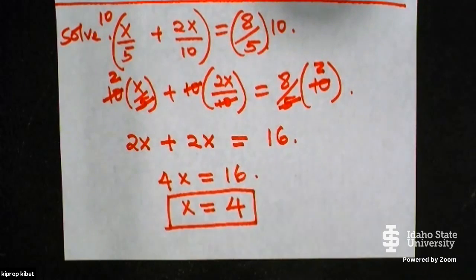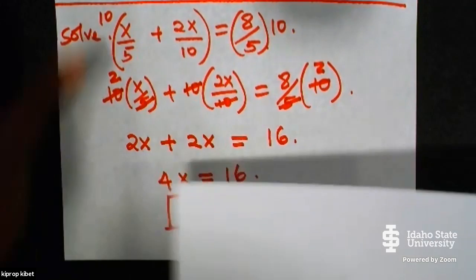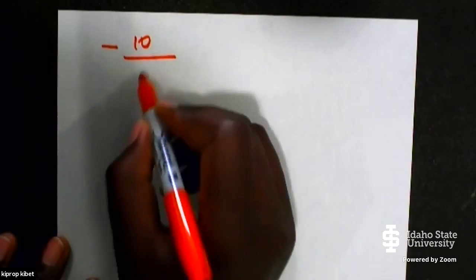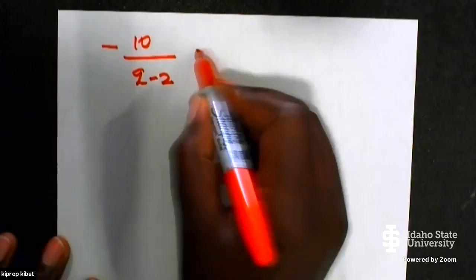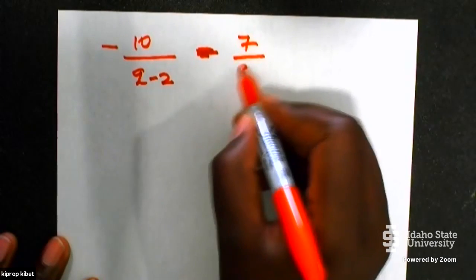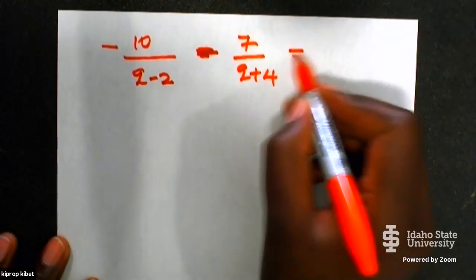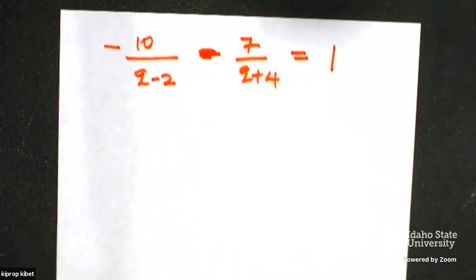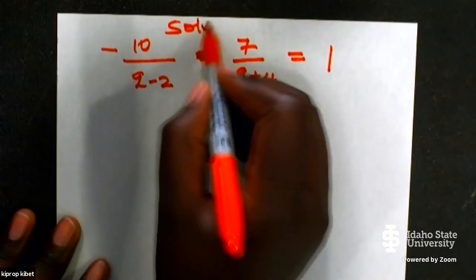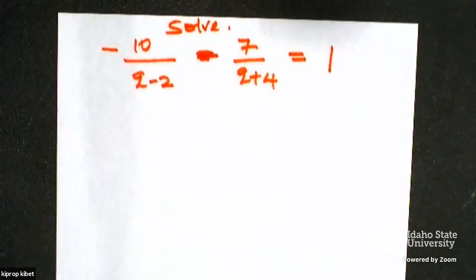Example number 2. If we have minus 10 over q minus 2 minus 7 over q plus 4 equals 1, the question is to solve that.